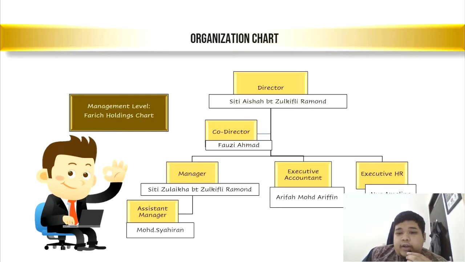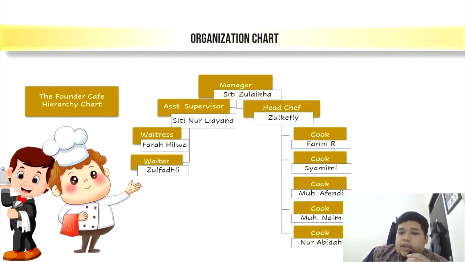Here you can see the Founder Cafe organization chart with the manager on top, then the supervisor and head chef under him, and then two waiters under the supervisor and five cooks under the head chef. The Founder Cafe offers Western cuisines with various beverages and desserts, and they took a concept of casual dining.